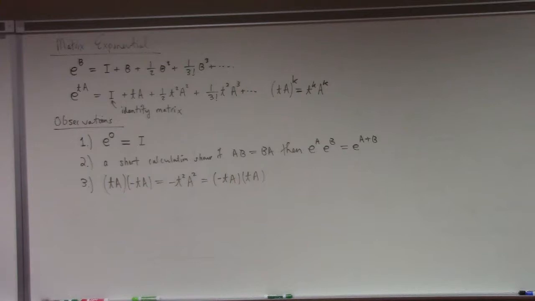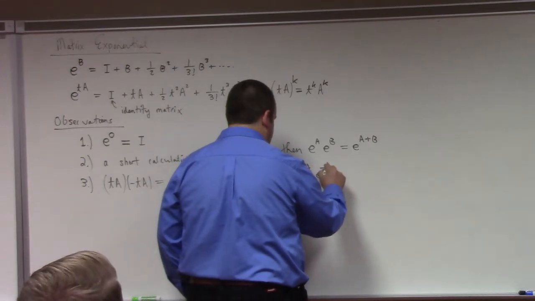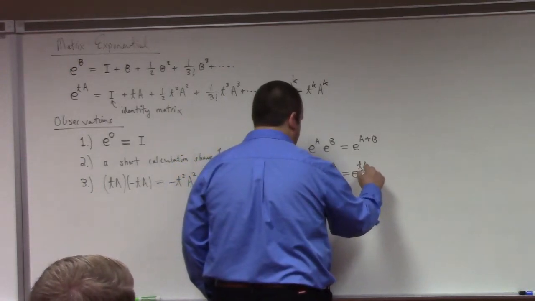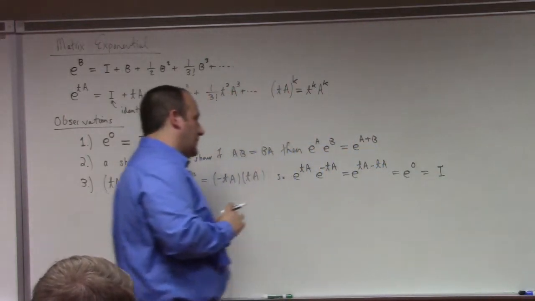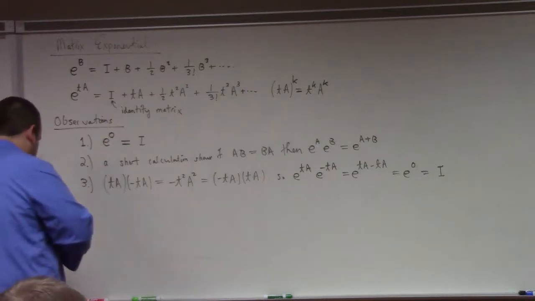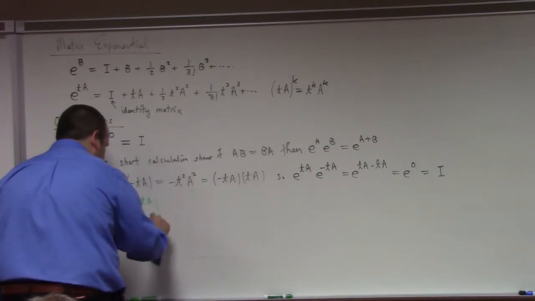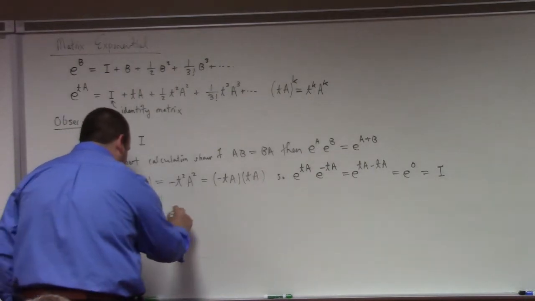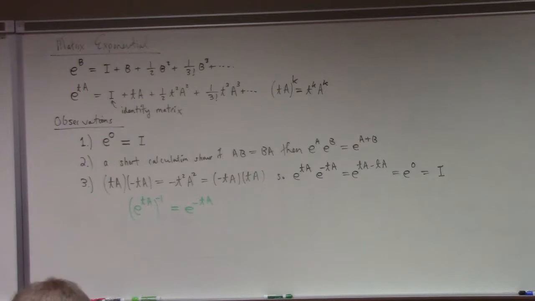And so e to the tA times e to the minus tA is e to the tA minus tA, also known as e to the 0, also known as I. So what I'm really trying to get at, and this is really nice, is that the inverse of e to the tA exists, and it is in fact just e to the minus tA. That's what that calculation shows.